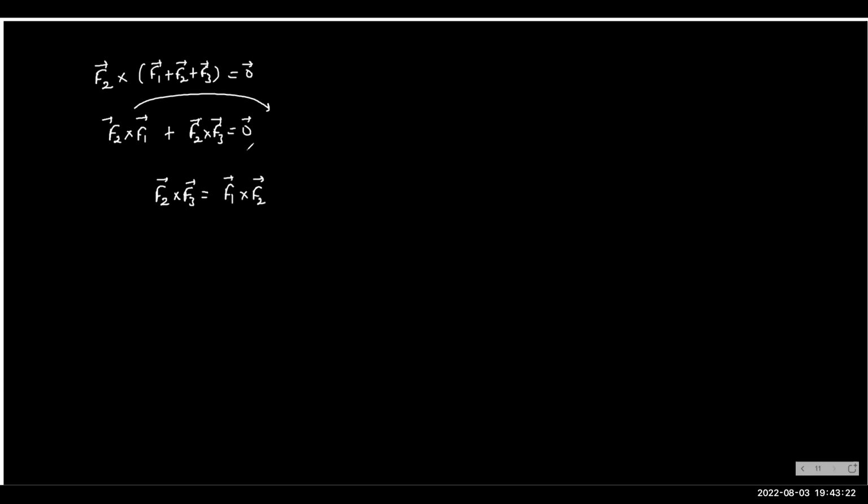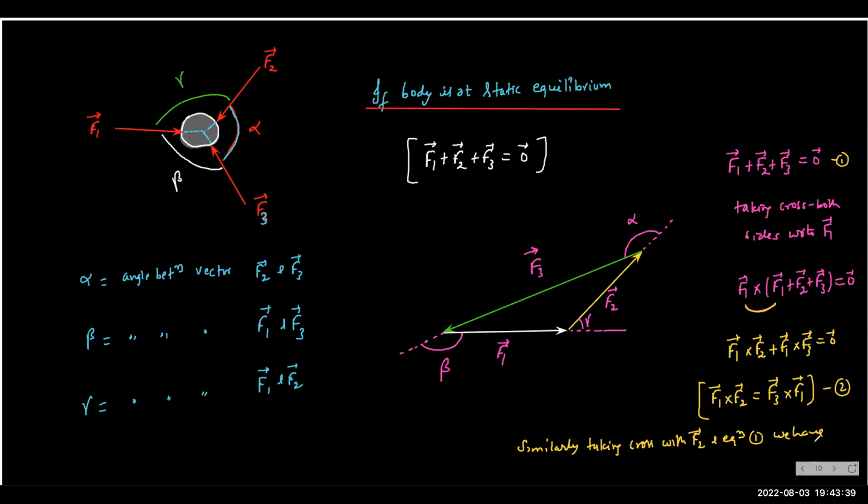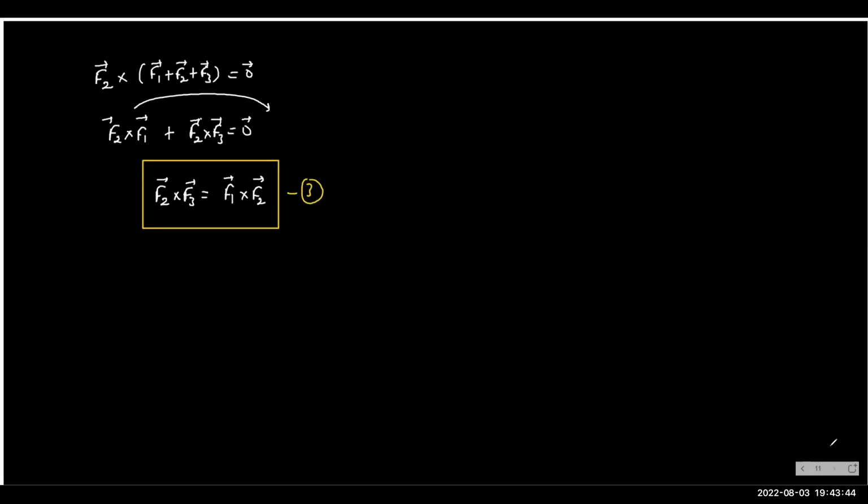Yes, sir. So now we have sufficient terms to compare. Let's call this equation 3, and let's call this 2. So F1 cross F2 is F3 cross F1, and F1 cross F2 is F2 cross F3. So can we say all three are equal? From 2 and 3, can we say, guys, F1 cross F2 is F2 cross F3 is F3 cross F1?